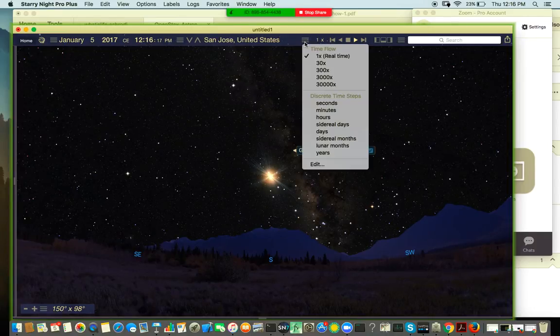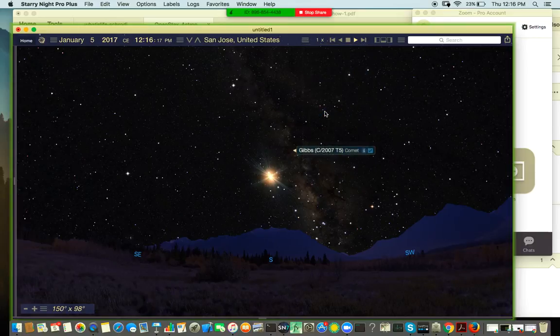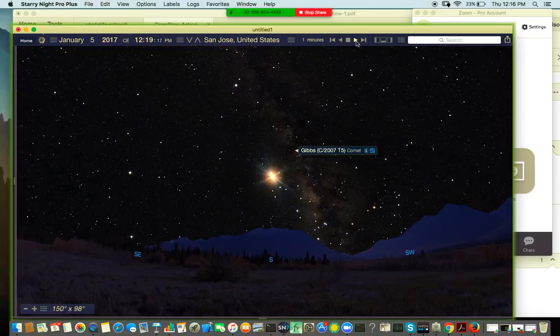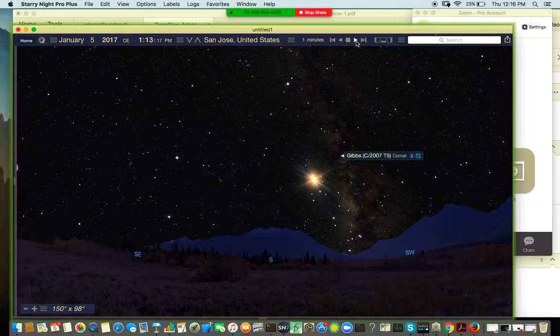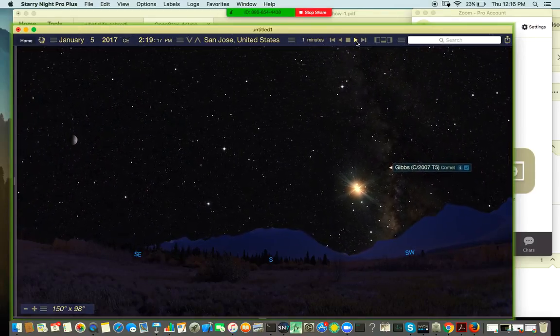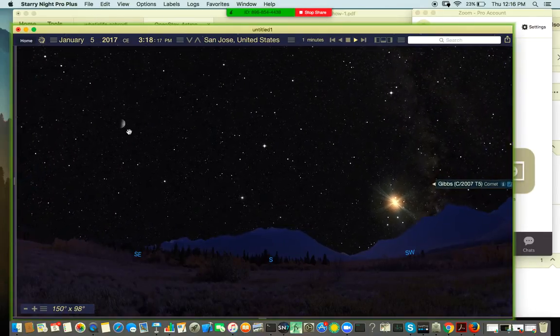So I'm going to speed up the rate at which the time changes. Instead of changing 1 second every second, now the time is going to flow several minutes every second. If you allow that to happen, see what comes about. That's the moon over here. The moon is coming up.